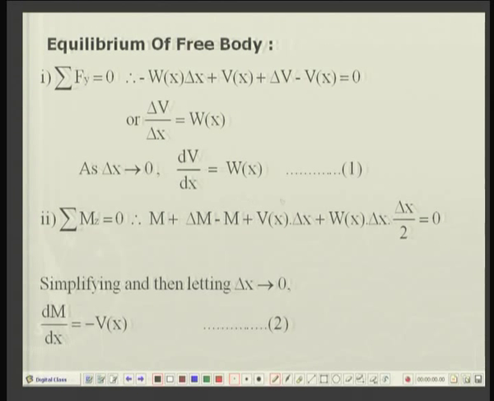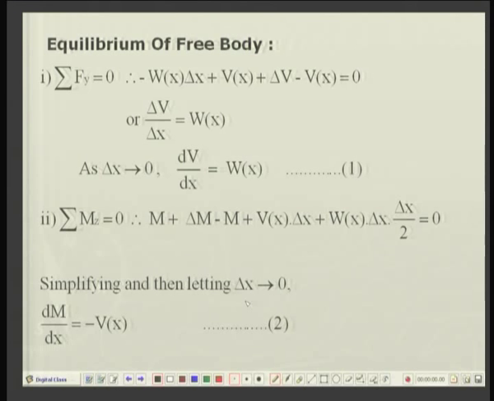The remaining terms are first order infinitesimal, that is, they have a delta x only once, but the last term has 2 delta x, so it is proportional to delta x square. So, it is a second order infinitesimal. In the limit, this term will contribute very little, and hence we neglect it. So, dM by dx is equal to minus Vx.